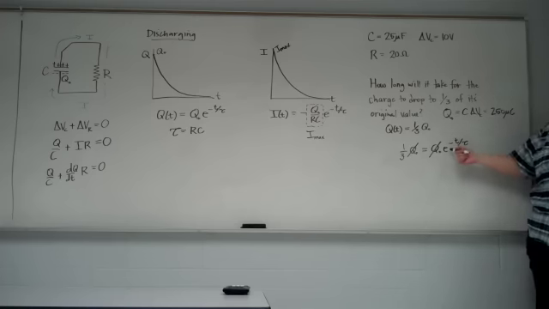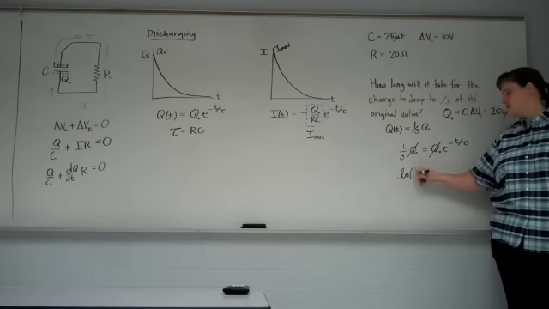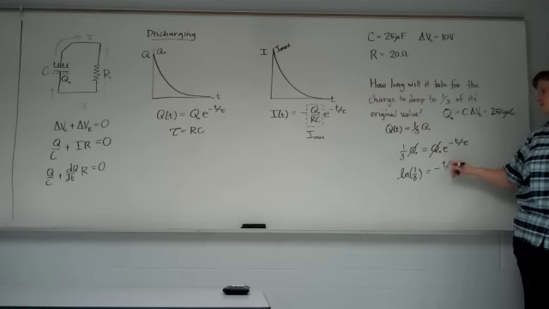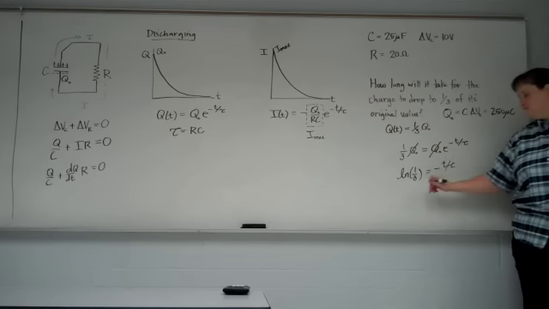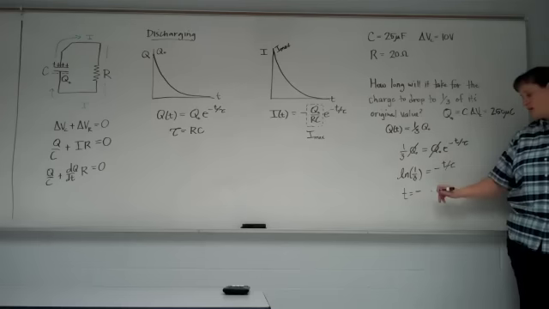We already have the exponential function isolated, so the natural log of both sides gets rid of our exponential function. So t is negative tau, and tau is RC.